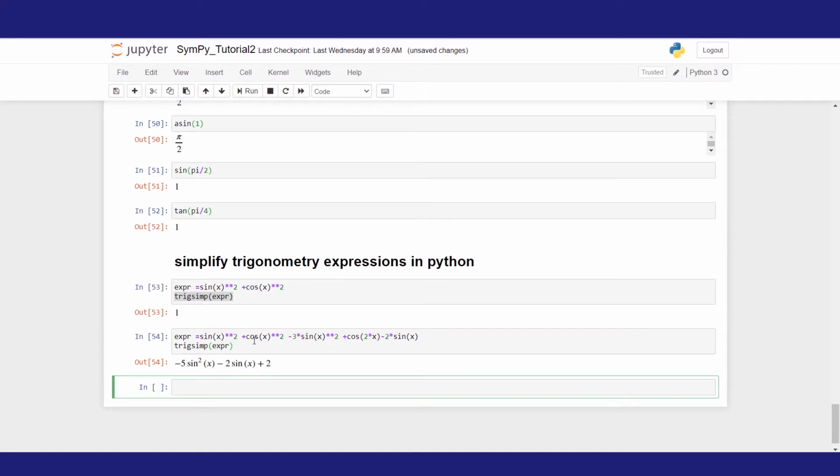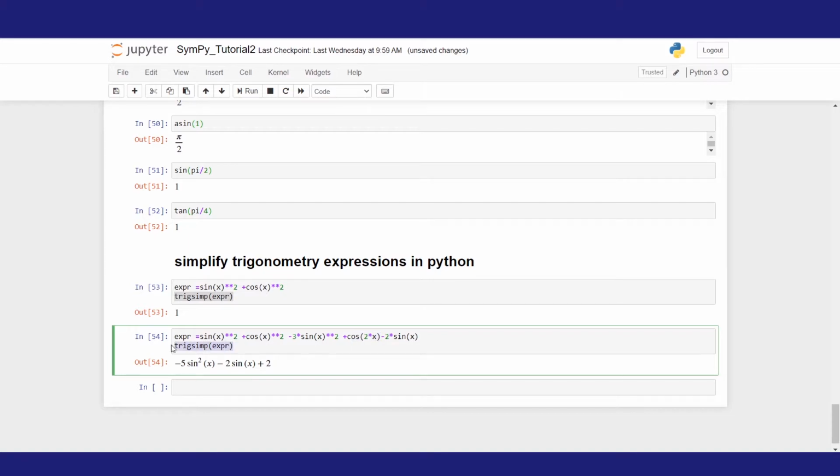Note that you can see the cosine squared term is just replaced with 1, because this is an identity, and then we have the 3 sine squared x, and then this cos 2x, which can also be expanded and converted only in terms of sine. That gives us a simplified expression.